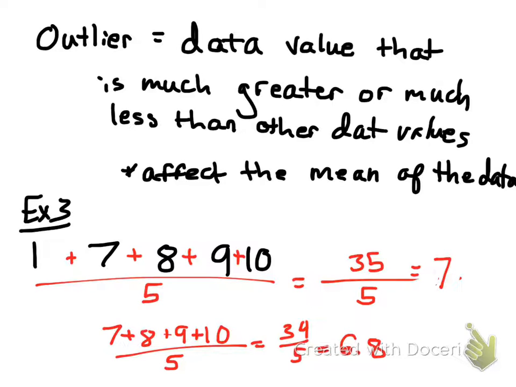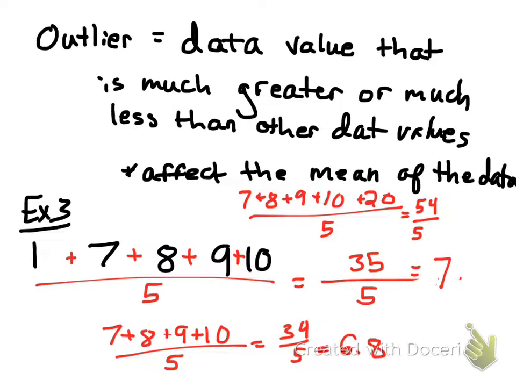It's not anywhere near 7, 8, 9, or 10. For example, 7 plus 8 plus 9 plus 10 plus 20 divided by 5. Let's see how that affects our average. It's 54 over 5. That's about 10.8.